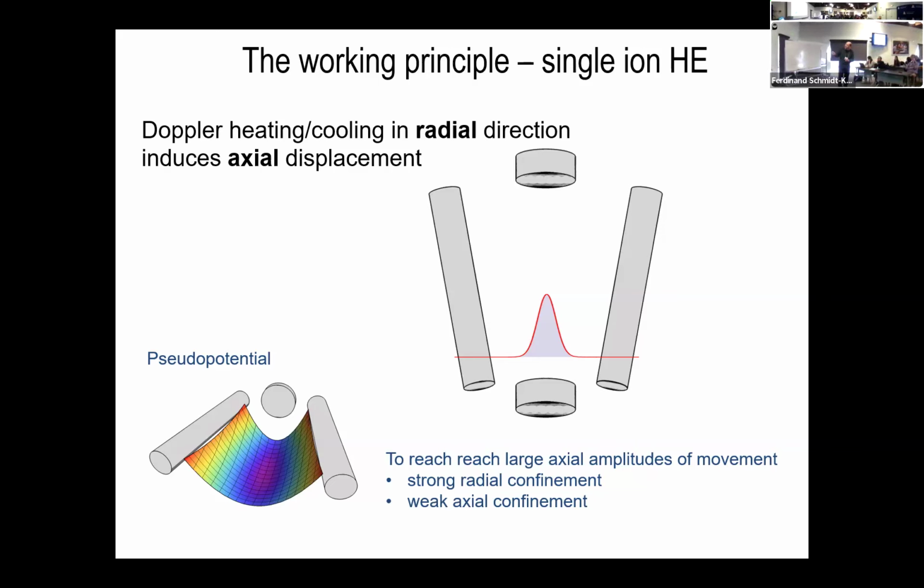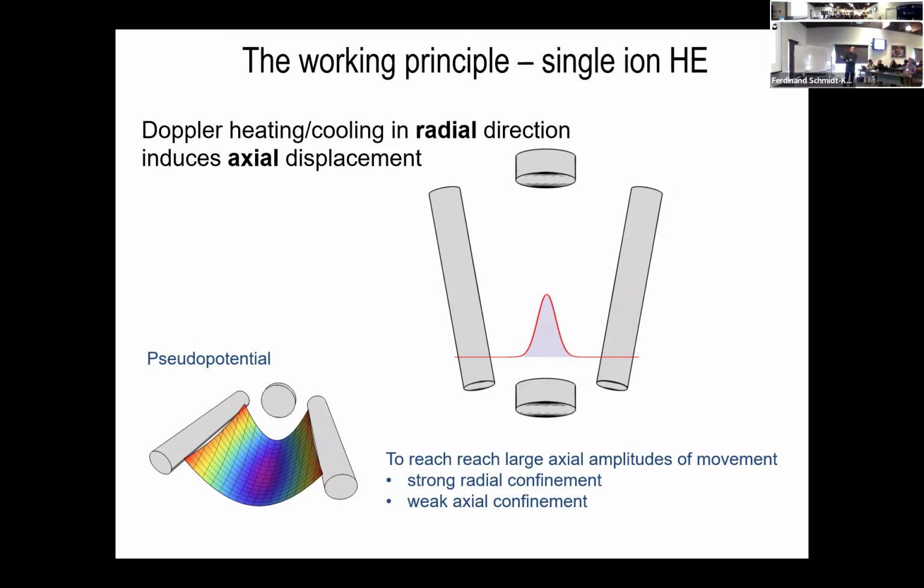That means the potential in radial direction is less stiff here than it is here. So here you have this potential which is kind of relaxed, and here it is stiff. If you move the ion in this direction, you come from a stiff to a shallow potential. Okay, you can vary this by just varying the position here.